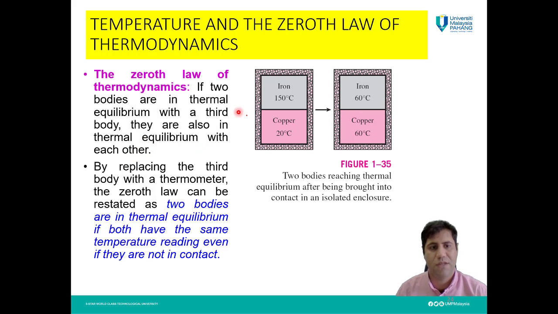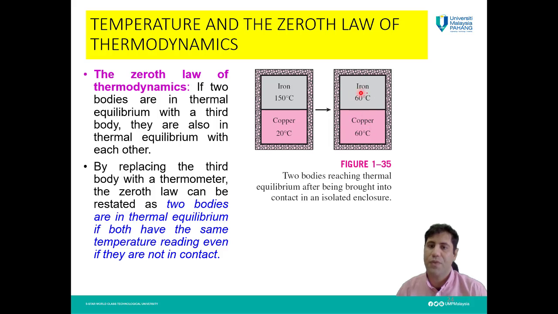Okay, let's see what thermal equilibrium is first. Imagine we have this system and it is isolated. We have iron with a temperature of 150 degrees Celsius. We have copper with a temperature of 20 degrees Celsius in that system. If we leave the system for a while, the final temperature of the whole system will be 60 degrees Celsius.